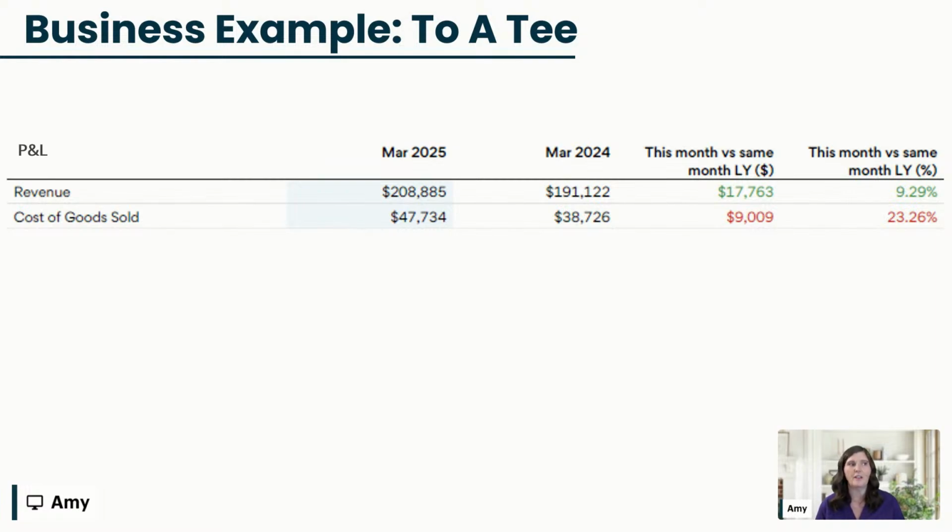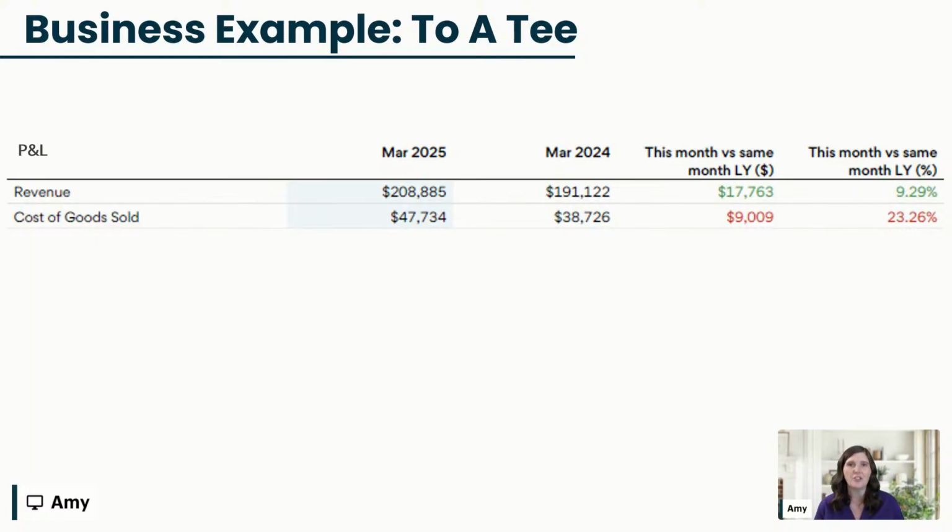So if you look at the comparison, you can see that it costs us $9,000 more this year versus last year to make those shirts, which makes sense, right? Because we sold more shirts. Our revenue was higher. We sold more. So it makes sense that it costs us more to make the shirts than it did last year.